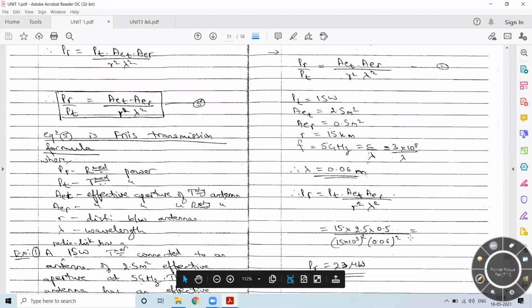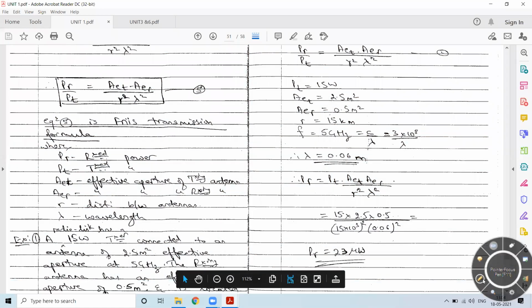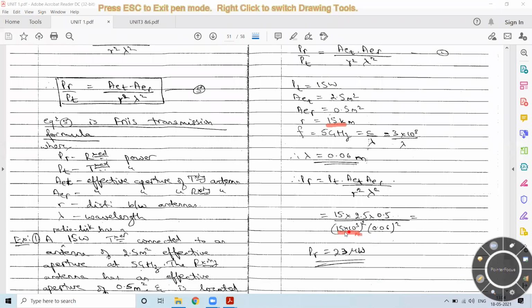Therefore, you substitute all the values, and see that you use the appropriate units. Here it is given as 15 kilometers, so it will be 15 into 10 raised to 3 meters. Effective apertures are in meter square, so all the units are proper.